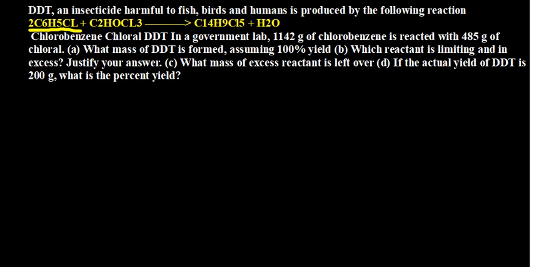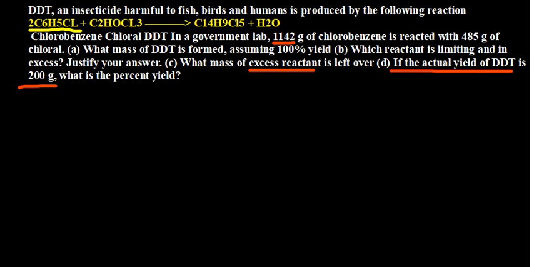In a government lab, 142 grams of chlorobenzene is reacted with 485 grams of chloral. What mass of DDT is formed, assuming 100% yield? Which reactant is limiting and which is in excess? Justify your answer. What mass of excess reactant is left over? If the actual yield of DDT is 200 grams, what is the percentage yield?